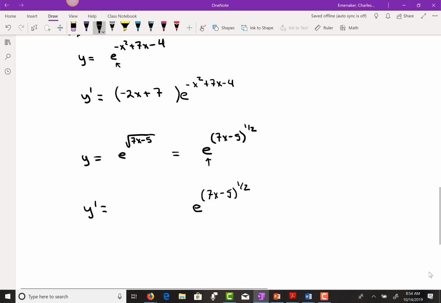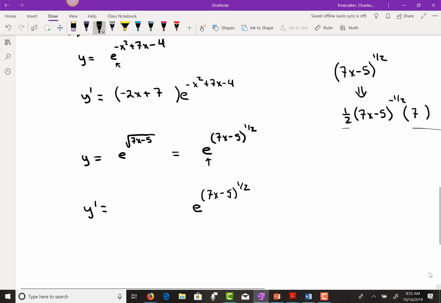Okay? So what we're going to do, and this may help you to see what's going on, is drag this off to the side and do the derivative by itself. The derivative is going to be 1/2 times 7x minus 5 to the negative 1/2 times the derivative of the inside. And what's the derivative of the inside? 7.